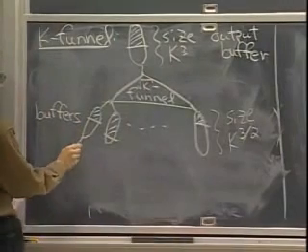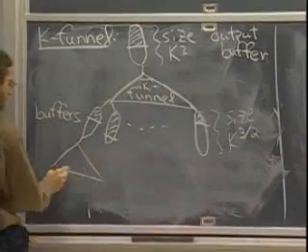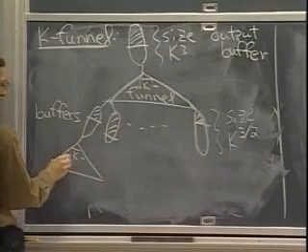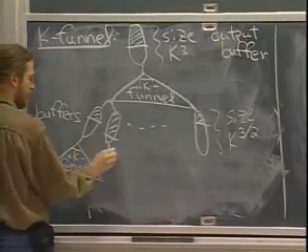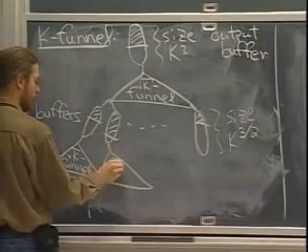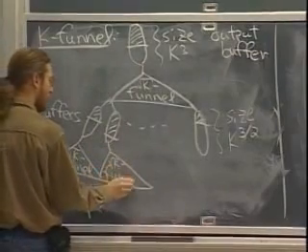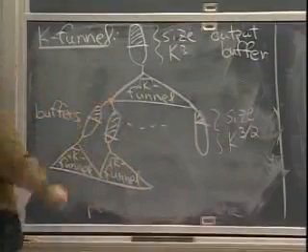And then hanging off of them, we have more funnels. Square root of k funnel here, and a square root of k funnel here. One for each buffer, one for each child of this funnel.